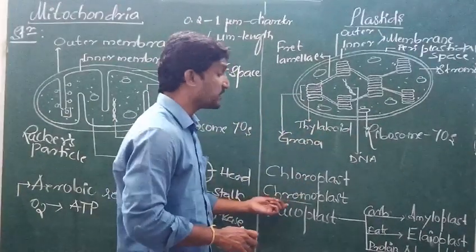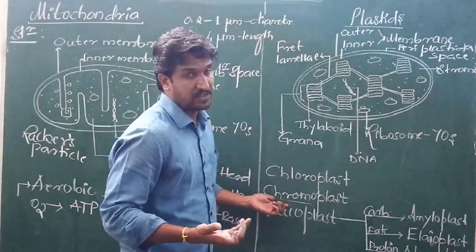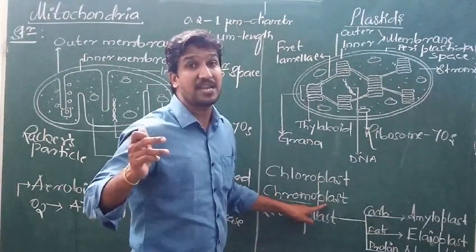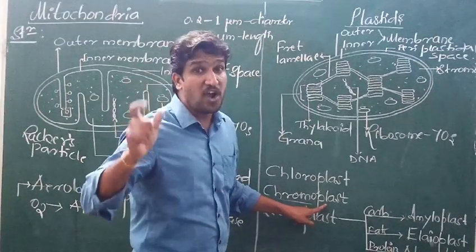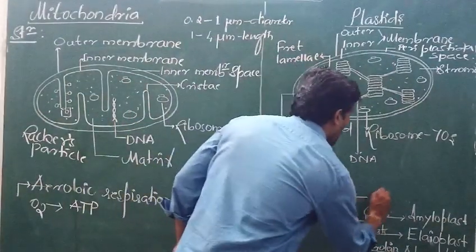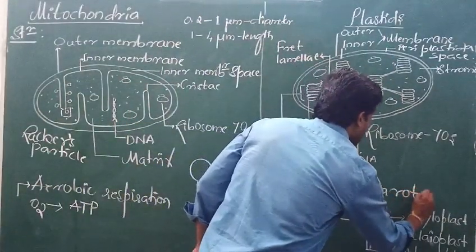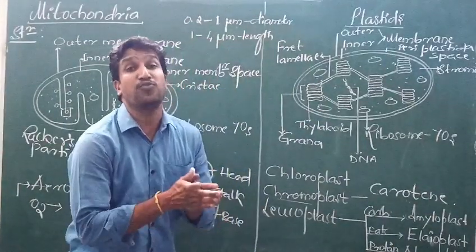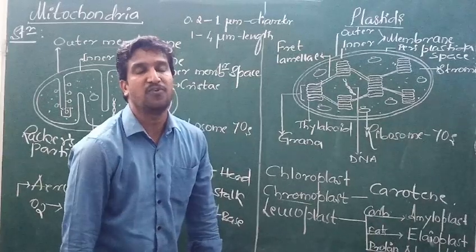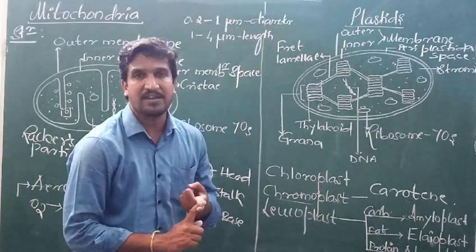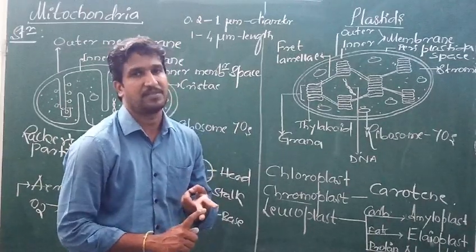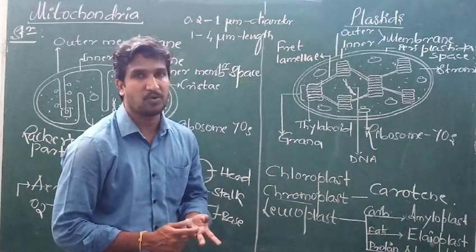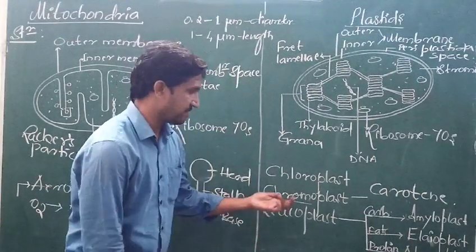Because of the presence and absence of different pigments. So chromoplast mainly contains carotenoids, specifically carotene and xanthophyll pigment, which is helpful for brown color, golden brown, hue brown. That is the second one.